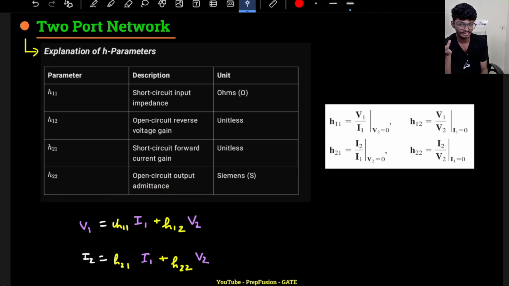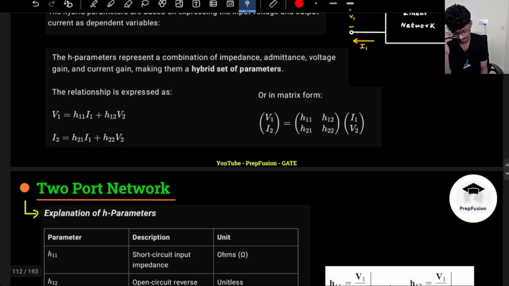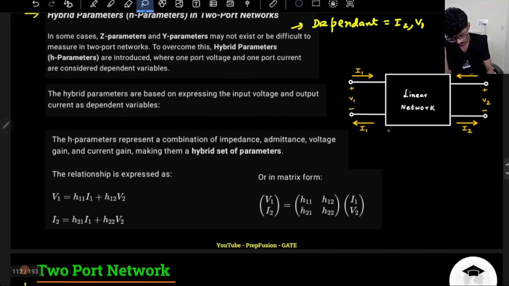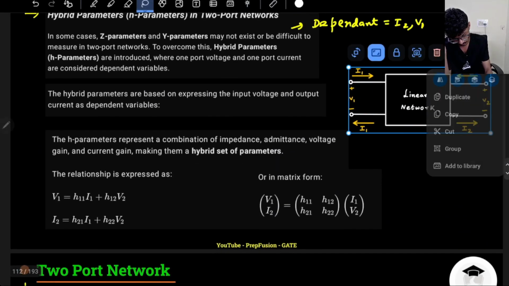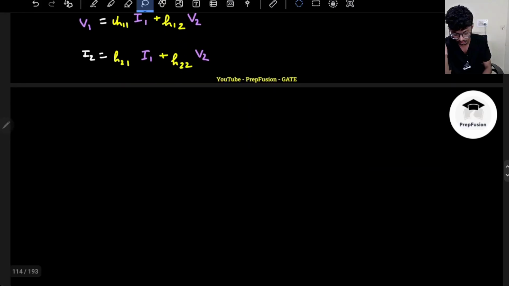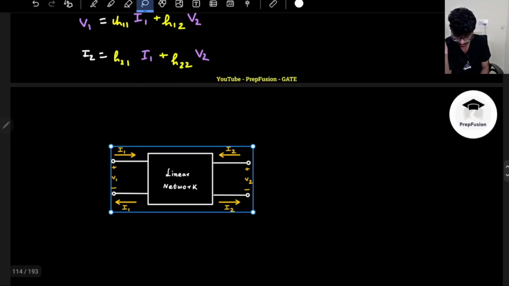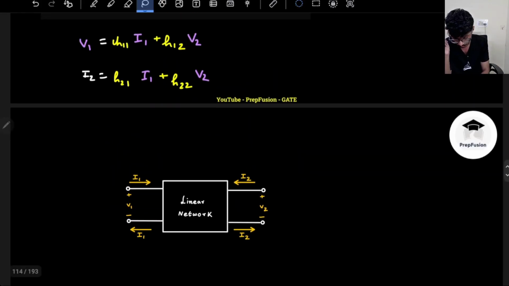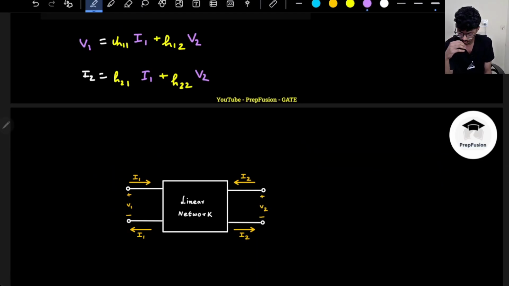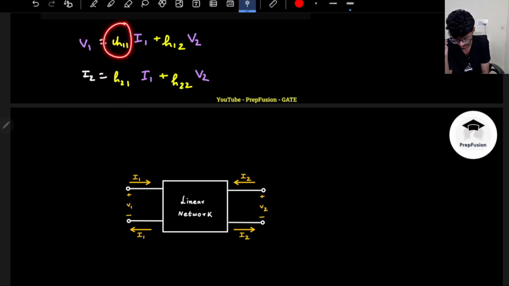Practically, how do you measure this? In labs, how will you find out the H parameters? Let's find out H11 and H21. To find H11 and H21 we have to make V2 0, so V2 will be shorted.